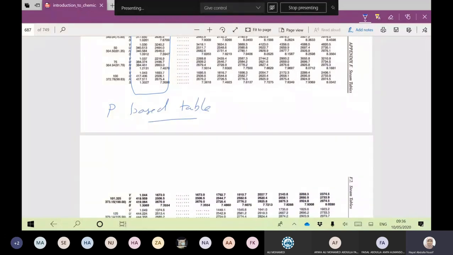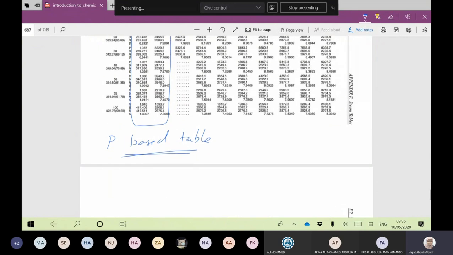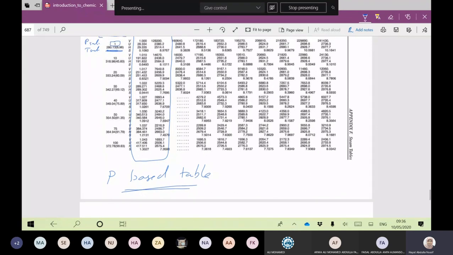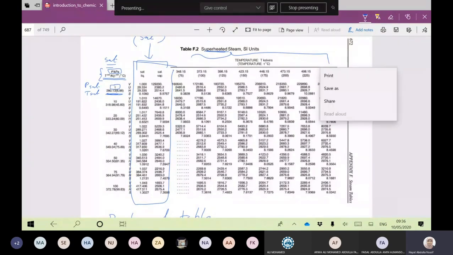My advice, always before you decide which table to use, look at the value that's given. If it is a number without decimals, like 10, 20, 30, then it's better to use table F2. Otherwise, use table F1.